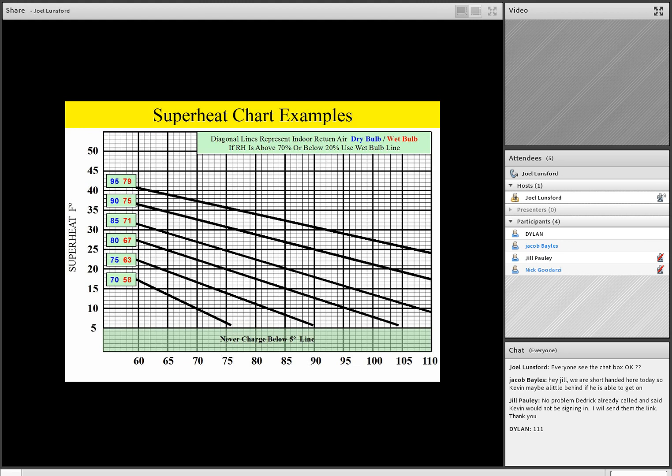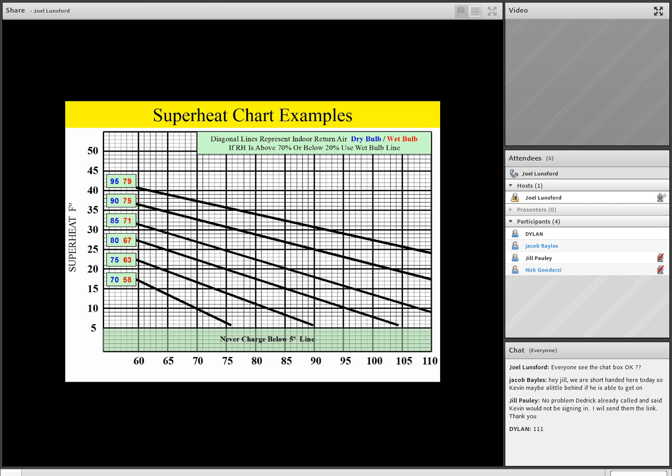And let's say it's 80 degrees dry bulb in this example. So find 80 degrees on your chart, 80 degree dry bulb, that's the blue number. Find that diagonal line where it comes down and intersects with 105 degrees outside.